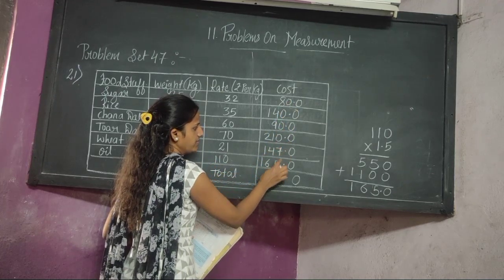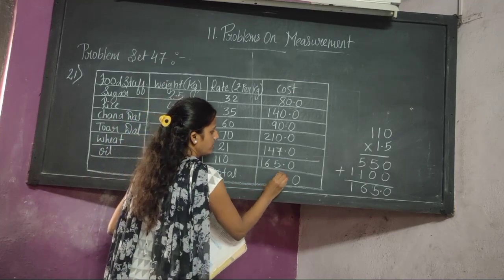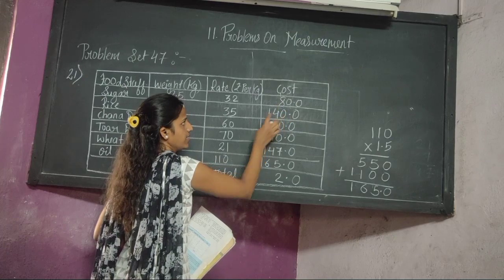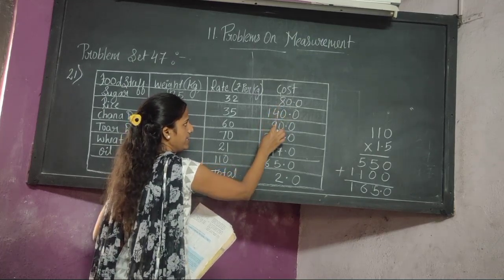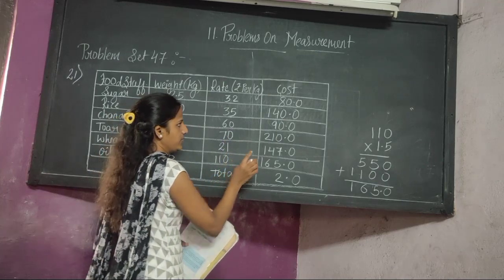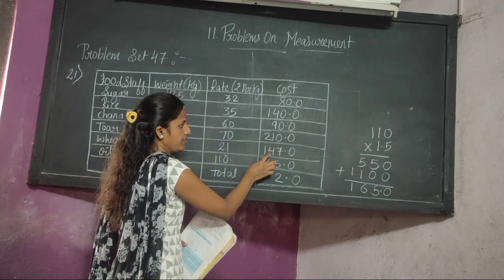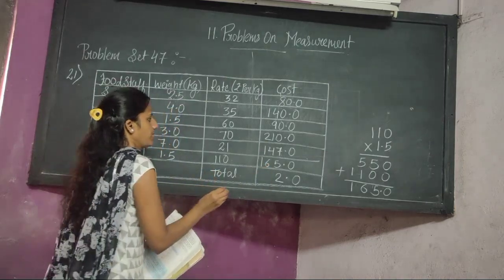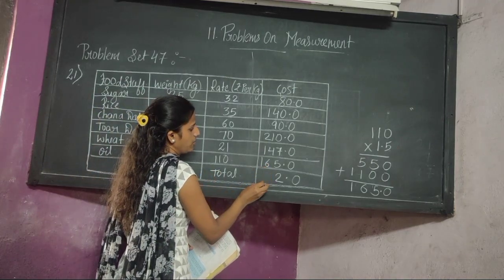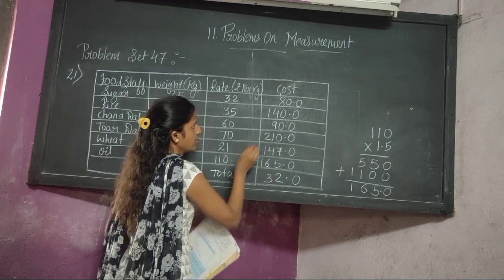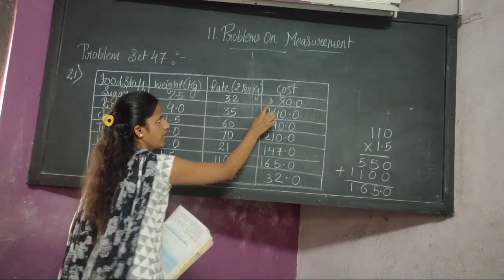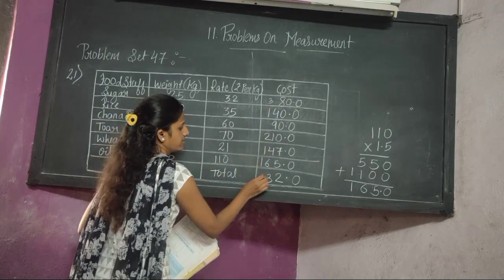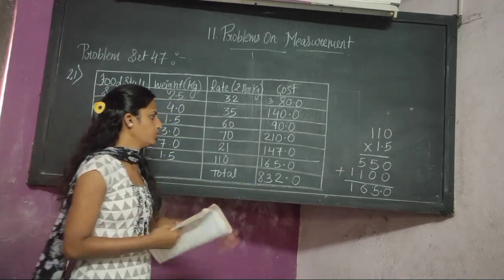Just add 7 and 5. 7 plus 5 will be 12. 2 here. 1 will be carry over. 1 plus 8 will be 9. 9 plus 9 will be 18. 18 plus 4 will be 22. 23. 23 plus 4 will be 27. 27 plus 6 will be 33. 3 here and 3 will be carry over. 3 plus 1 4. 4 plus 2 6 7 8. So the answer is 832.0.